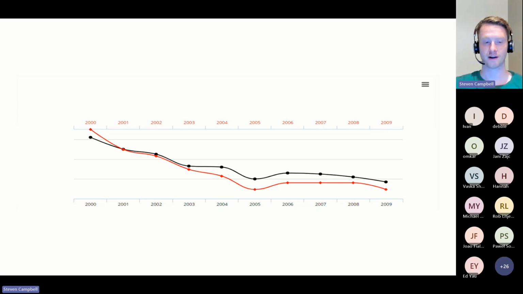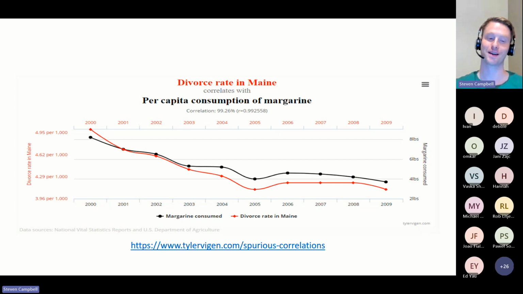However, what I've done is I've just removed the legend. If I put the legend back on, the red line is the divorce rate in Maine, and the black line is the per capita consumption of margarine. And I think this is for the United States. So this is not really related, and you see this website down the bottom. This is where I got this graph from.